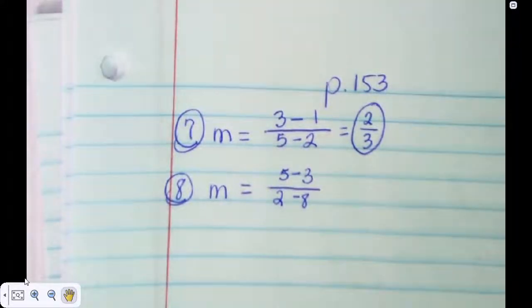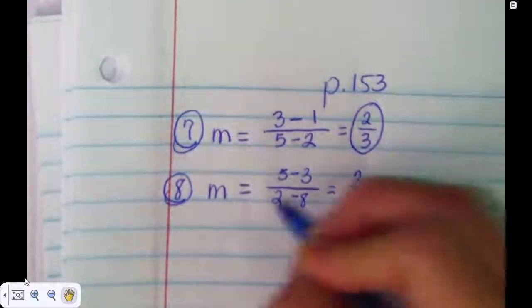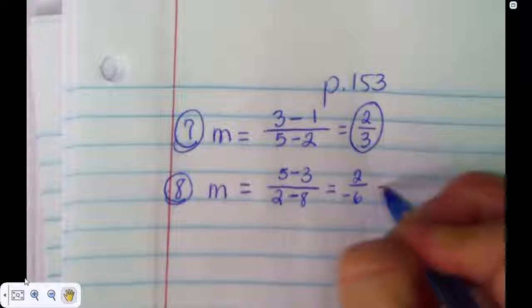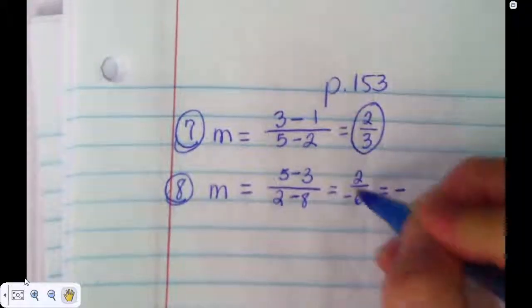Guys, you're starting with the last point, the y2. 5 minus 3, 2 minus 8. What's 5 minus 3? 2. What's 2 minus 8? Good job. And we can reduce this. Now, I know it's going to be negative because there's one negative.